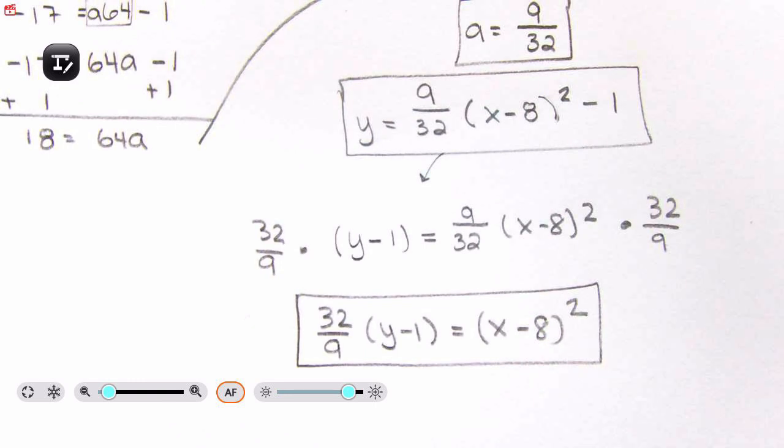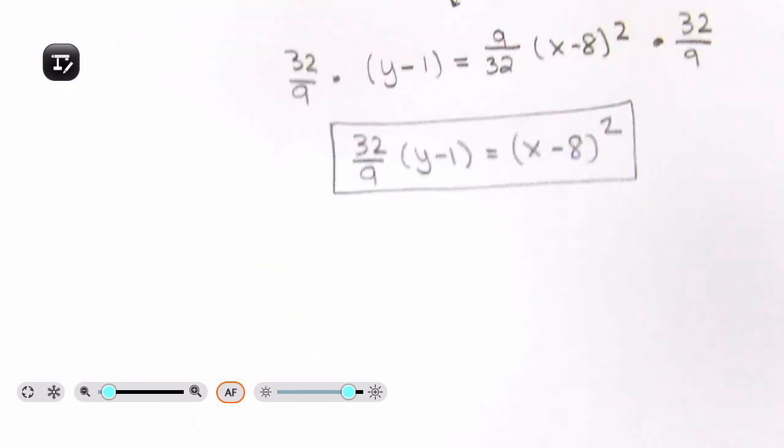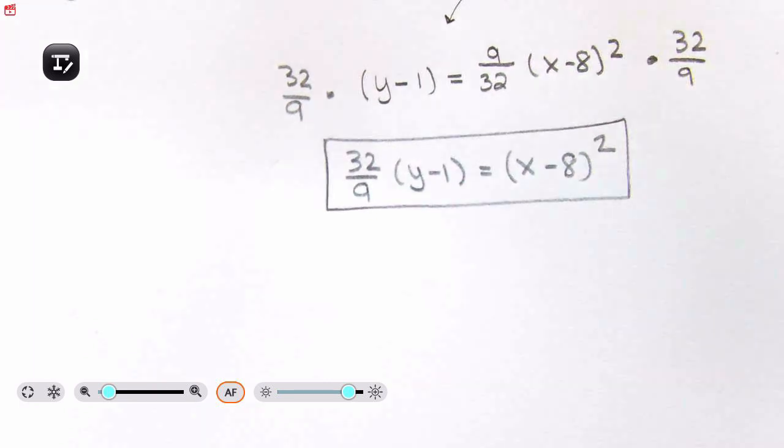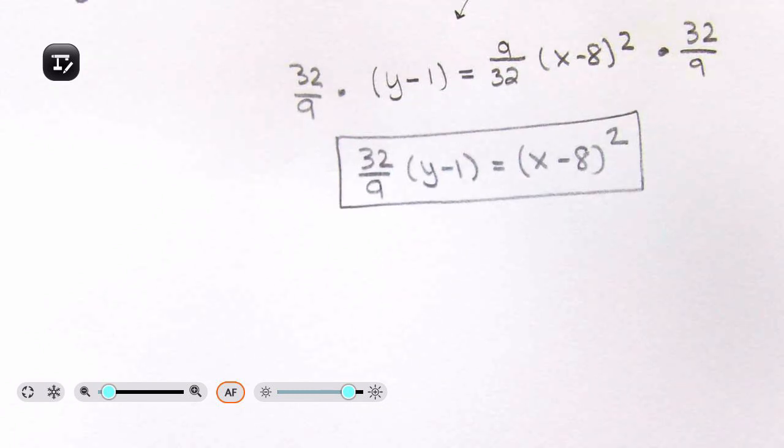Okay. I want to take this moment to do a personal service announcement on parabolas and the equations. What you're going to find is a lot of different types of formulas out there. So if you're watching my video or any other video, or you're looking at textbooks, there is a discrepancy on what is called what.